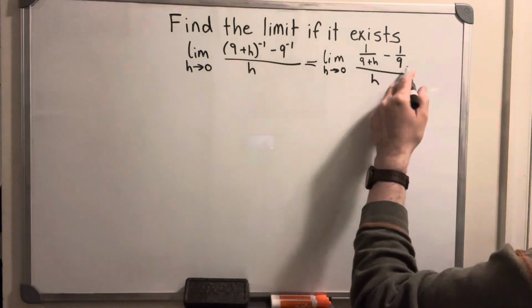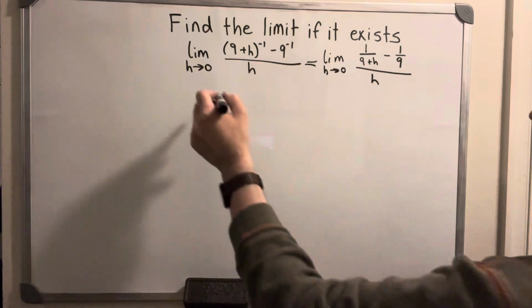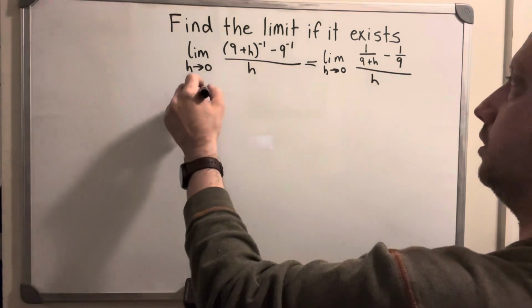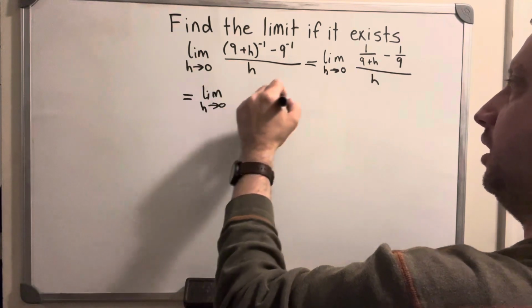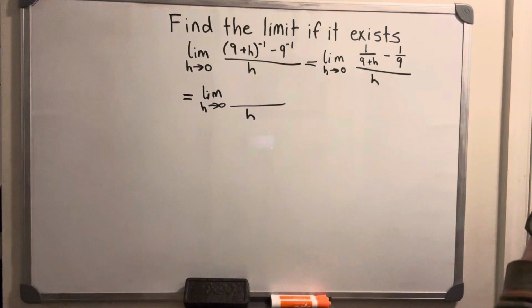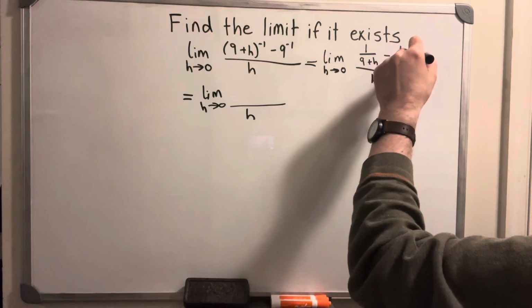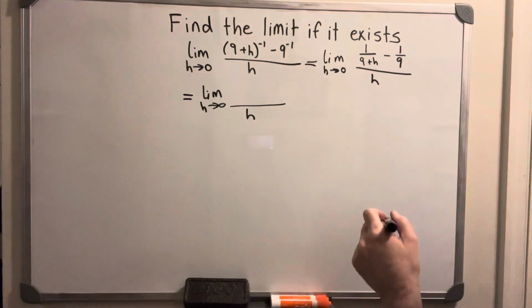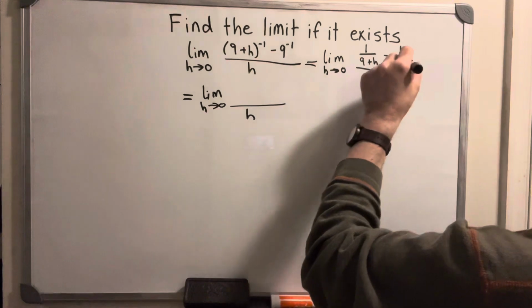So what we can do is combine this fraction, right? Let's rewrite. I'll just write the denominator. Okay. So 1 over 9 plus h minus 1/9. We need to have a common denominator. We have 9 plus h and 9.